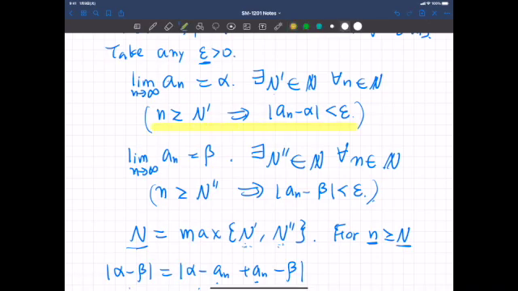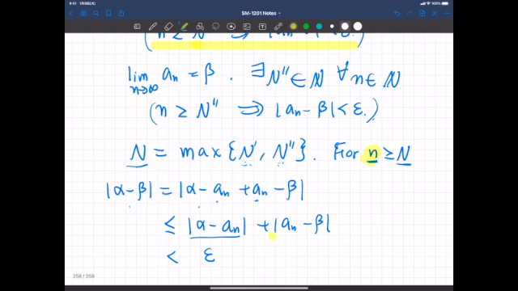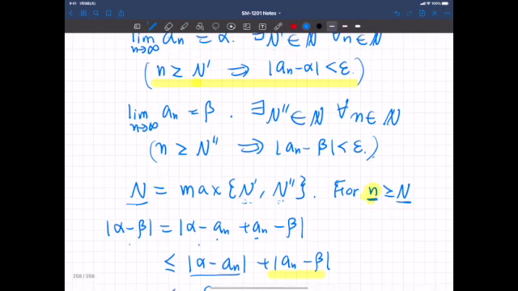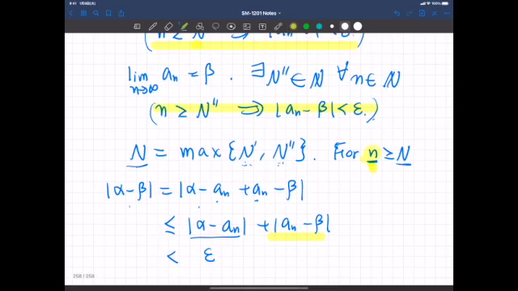So here this n is certainly greater than or equal to n prime. And the second term is also less than epsilon because of this. This lowercase n is certainly greater than or equal to n double prime. So this is epsilon plus epsilon, which is 2 epsilon.